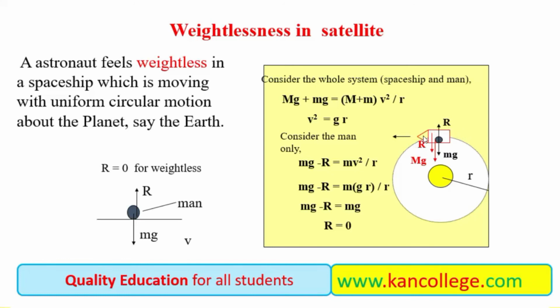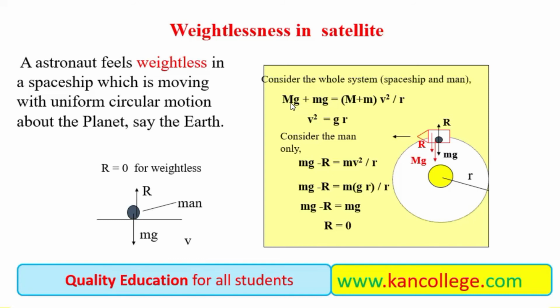If this is a spaceship shown by the red boundaries and the astronaut is shown by this small black circle, then the overall system has a mass where capital M is the mass of the satellite and small m is the mass of the astronaut. So the total weight, or the total pull of the Earth on the whole system, will be equal to capital Mg plus small mg.